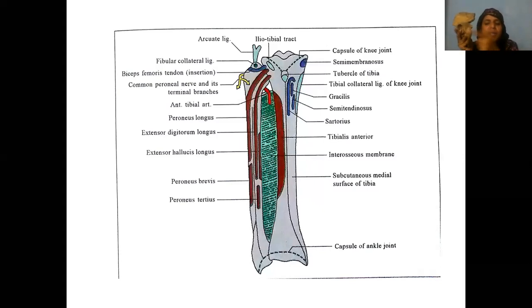The hamstring muscles come from there and get inserted here. So semimembranosus is getting inserted on the medial aspect of the tibia, on the medial surface of the medial condyle.